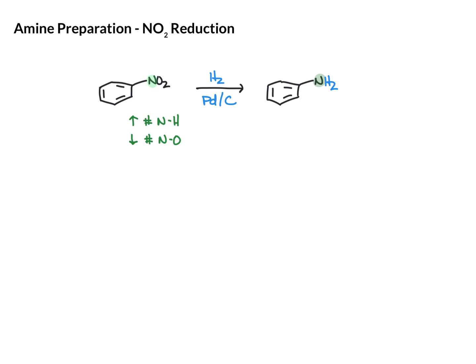So what we end up with is an amine product. This doesn't have to be a nitro on a benzene ring. It can be other nitro groups as well. Here's 2-nitropentane. If we subject this to the hydrogenation conditions, that NO2 is going to get reduced to NH2. So again, we have an amine product.